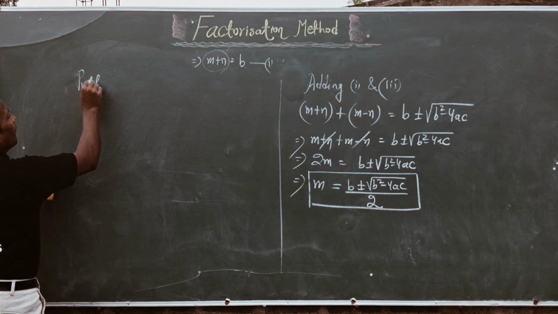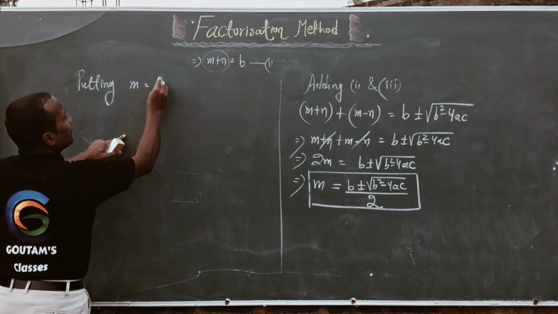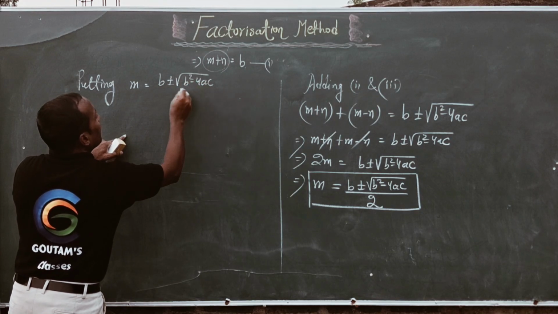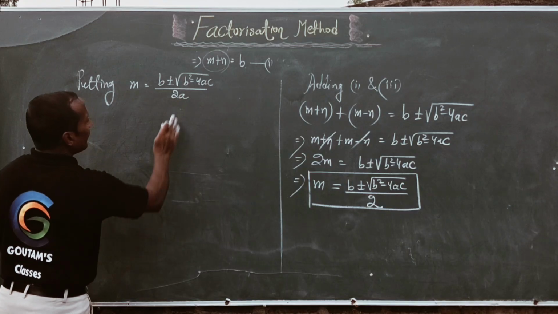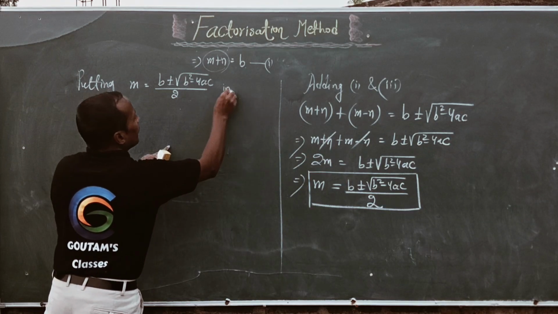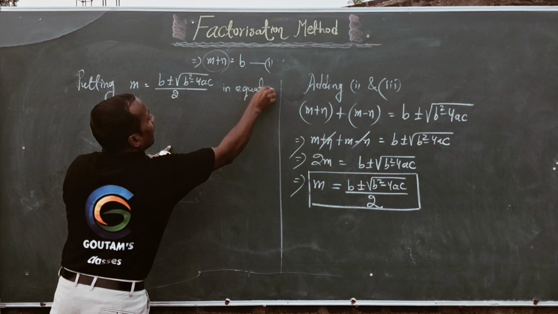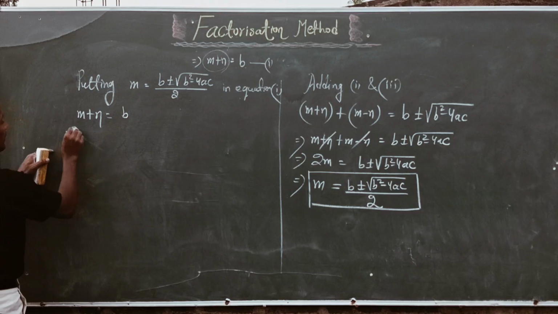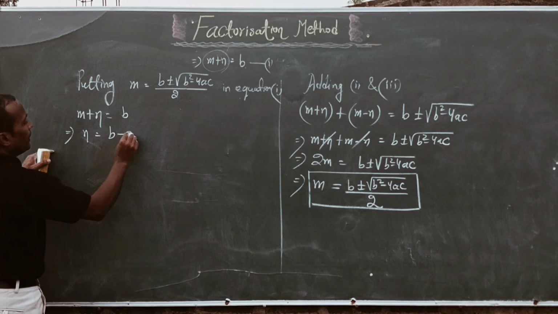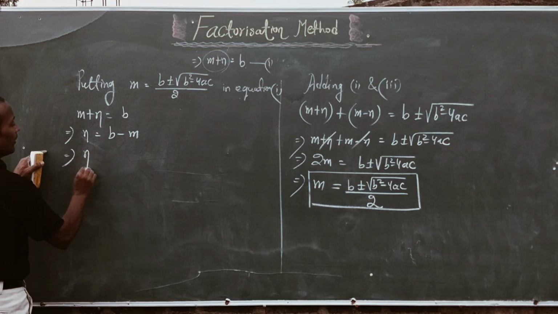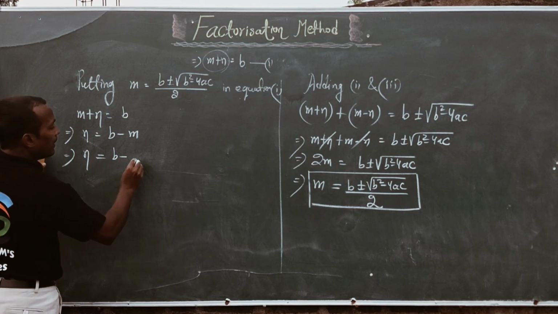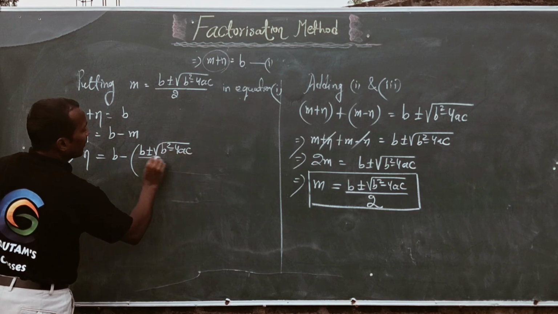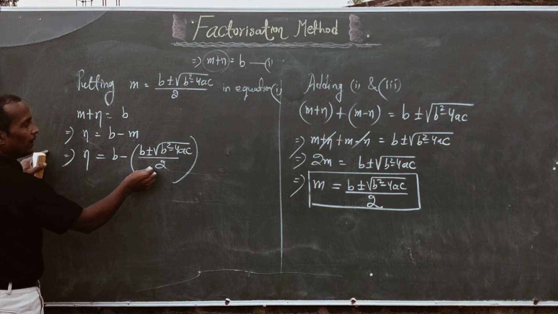Putting M equal to B plus minus root of B square minus 4AC by 2 in equation I. Equation I is M plus N is equal to B. That means N is equal to B minus M. That means N is equal to B minus (B plus minus root of B square minus 4AC) by 2. In place of M, I have applied the value of M.